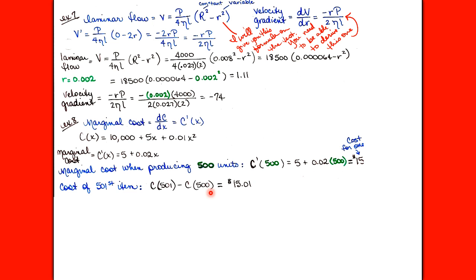That goes back to the cost equation, not the marginal cost equation. So I could plug 501 into my cost equation and plug 500 into my cost equation. We're obviously doing that with our calculator, not by hand. And we would get $15.01.